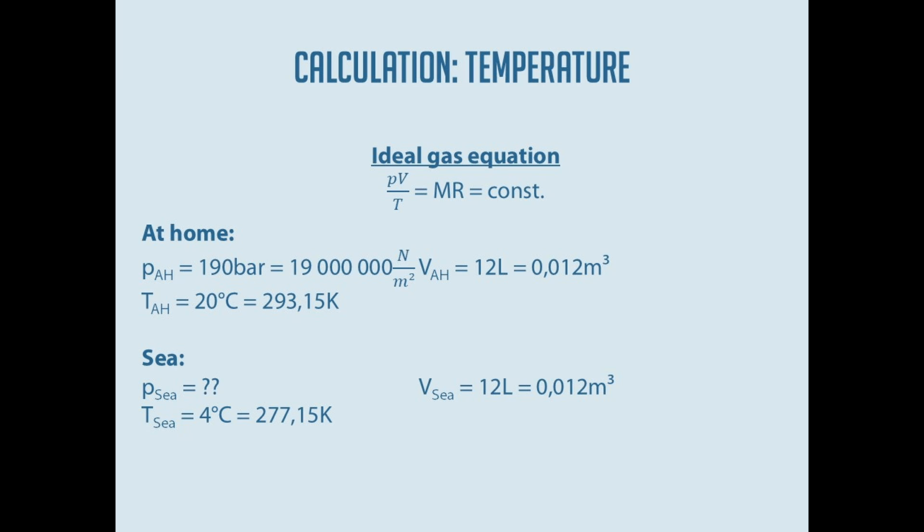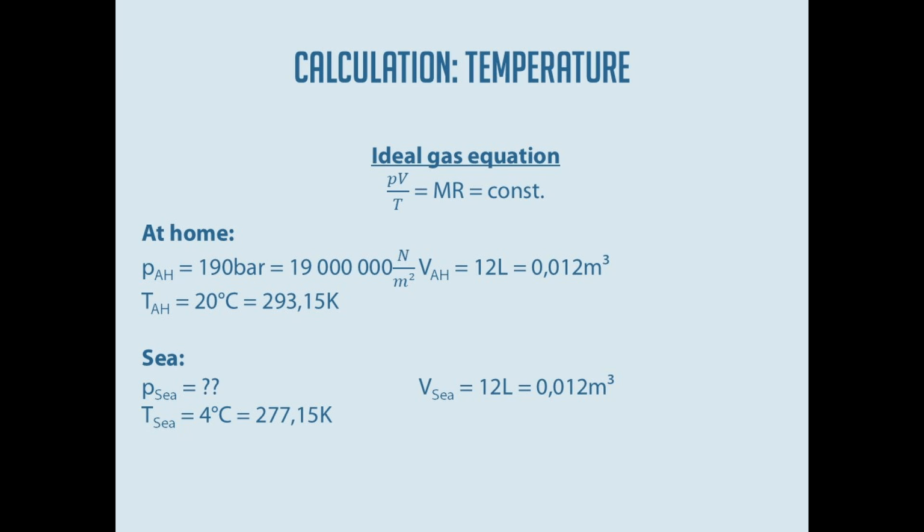Now we have to convert that into Kelvin. I mentioned earlier it's pretty easy. We just add 273.15 Kelvin, then we have 293.15 Kelvin, and with that we go into the lake.